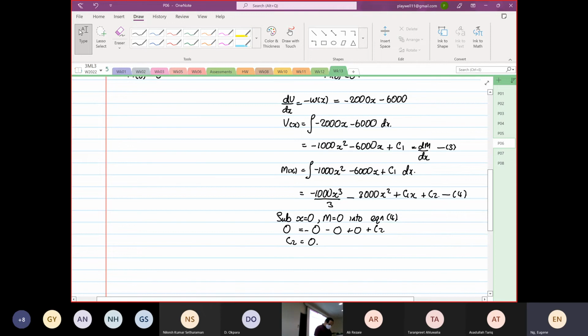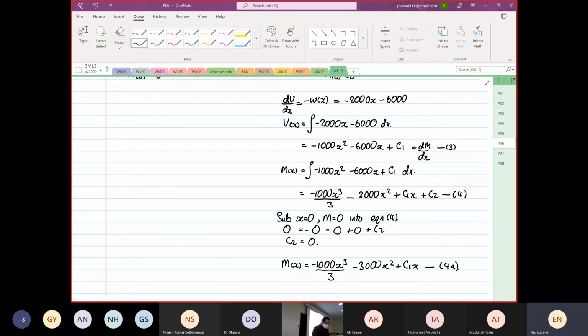Next, from here, we know that M as a function of x is equal to minus 1000x cubed over 3 minus 3000x squared plus C1x. This is your equation 4a now, because C2 is equal to 0.